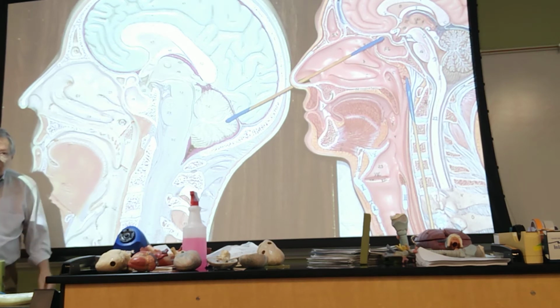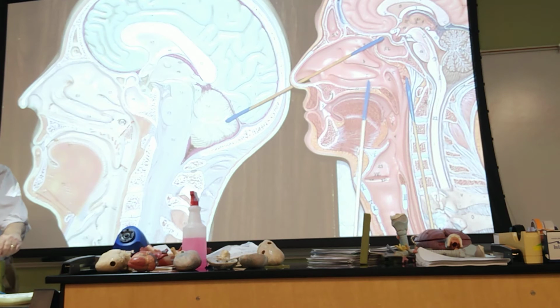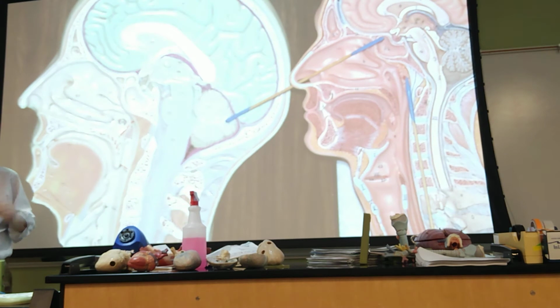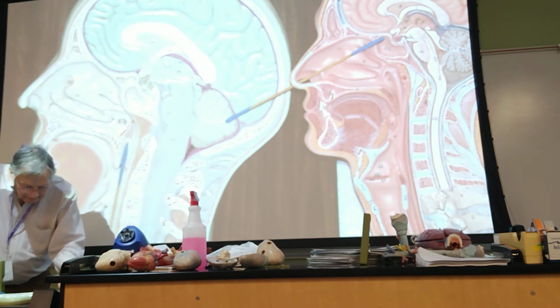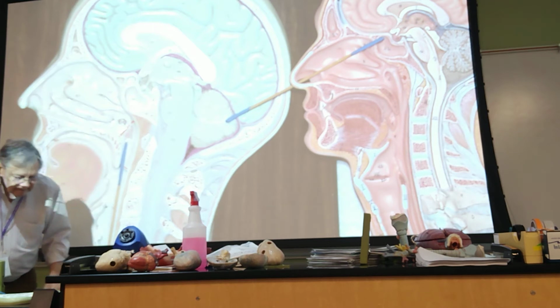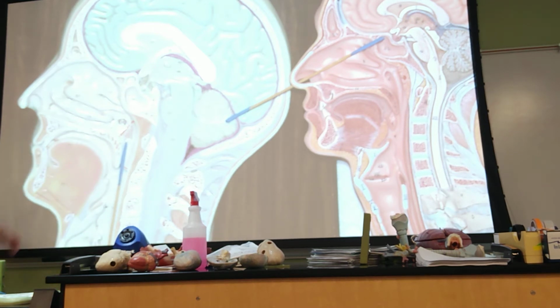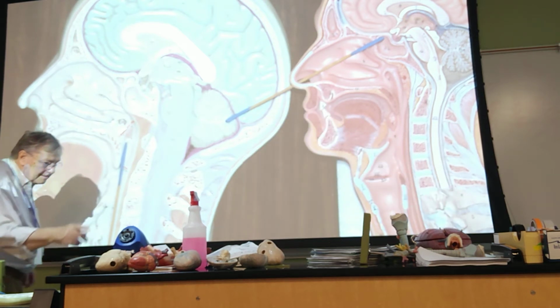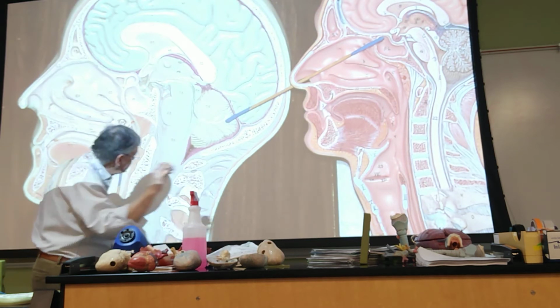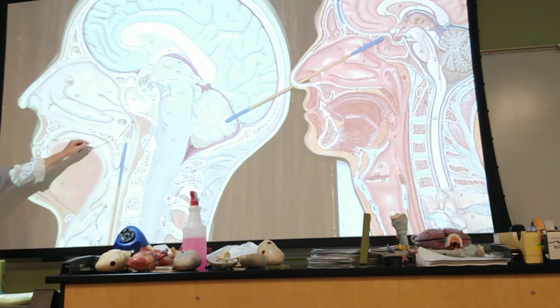Now, your nasal cavity, the posterior nares opens into something called the pharynx. It is this tube going down here, right here. Or, on this model, there we go. This tube right here.